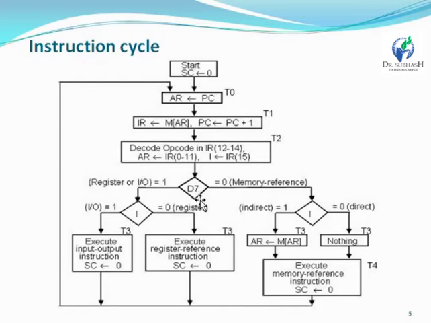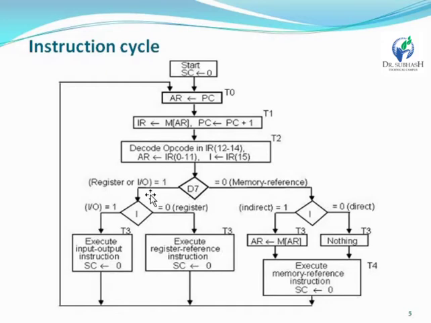We can look at D7. D7 can be 1 or 0. If D7 is 1, then it goes to register or IO. If D7 equals 0, then it directly indicates a memory reference.